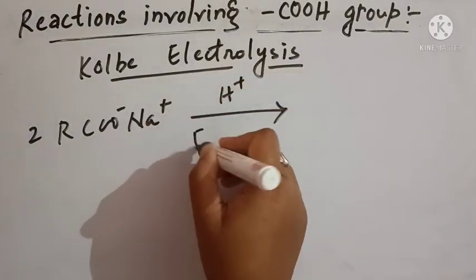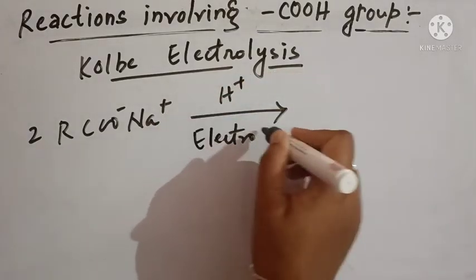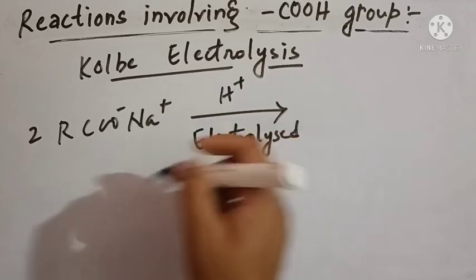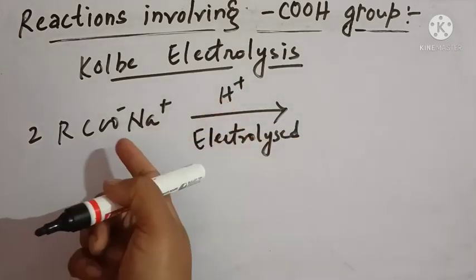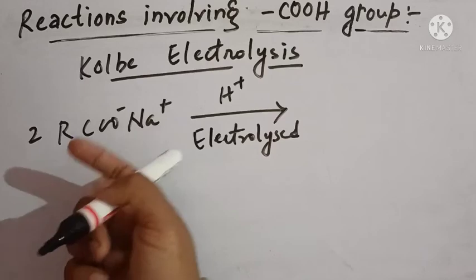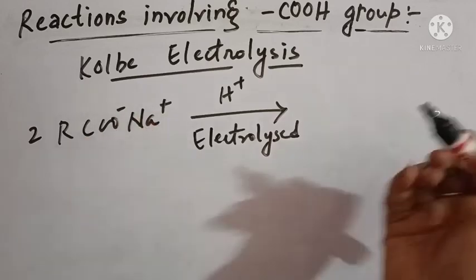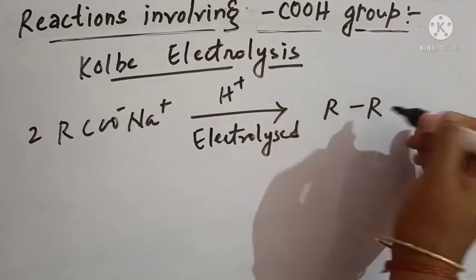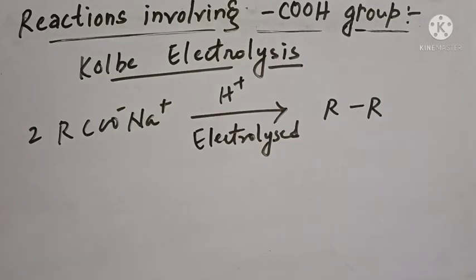That means when electricity is passed through the aqueous solution of the sodium salt or the potassium salt of the carboxylic acid, it will give you the hydrocarbon which contains twice the number of carbon atoms present in the alkyl group of the acid. Okay, so in this case also the decarboxylation takes place.